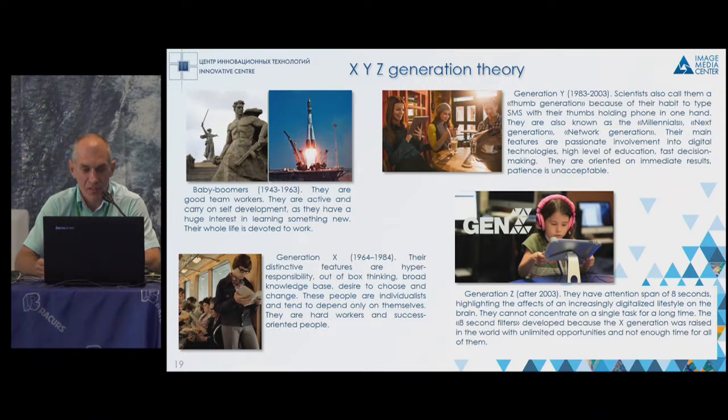And the new generation, which comes after 2003, is Generation Z. Its main particularity is that people who are studying in primary school now have a hard time concentrating on something for longer than 8 seconds. And 8 seconds is the filter which allows them, in this limitless information space, not to get lost.